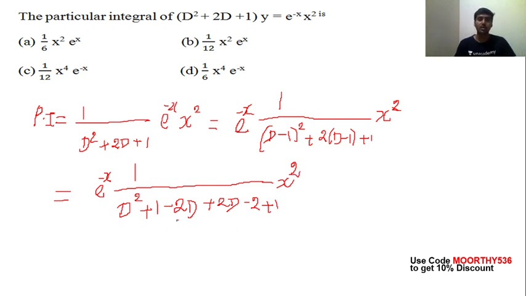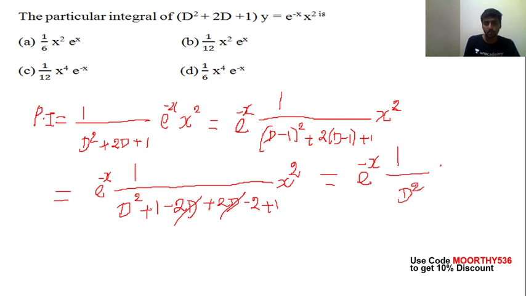As per this discussion, minus 2D plus 2D cancel, and plus 1 minus 2 plus 1 is again 0. Now it is equal to e power minus x into 1 divided by capital D square into x square.